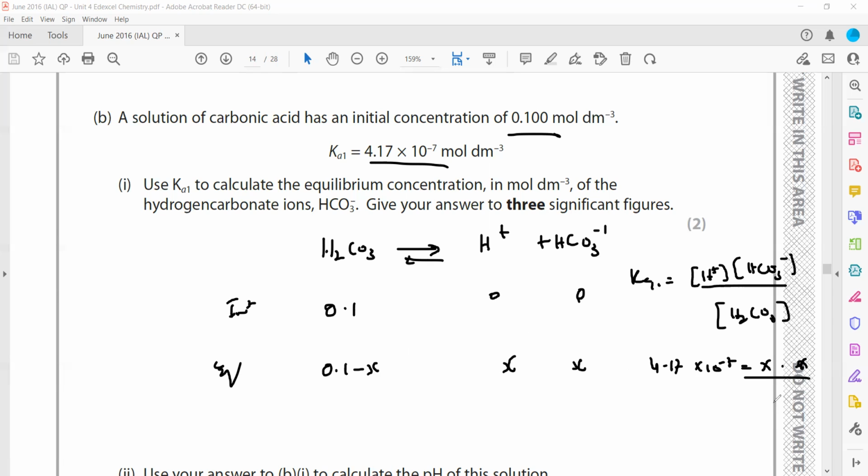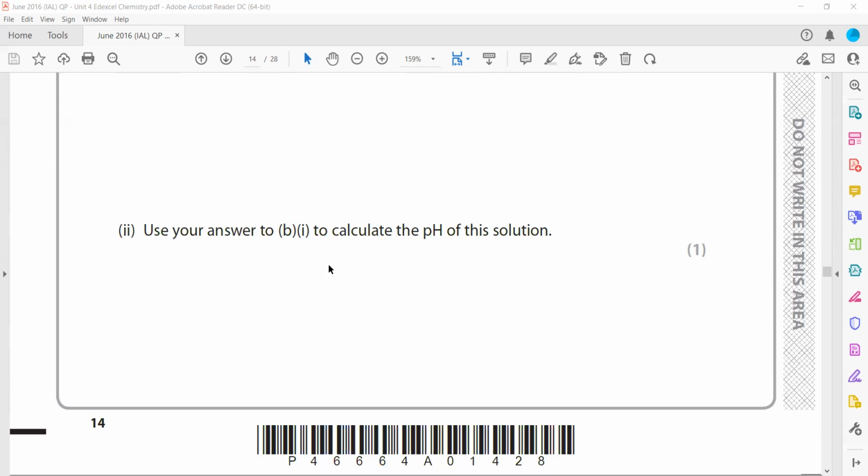But because x is very small, we neglect it, so 0.1 minus x is approximately equal to 0.1. We multiply and take a root. That gives us the value of x, which is the concentration of HCO3-. That comes out as 2.04 into 10 to the power minus 4. This is the way we use for weak acids.